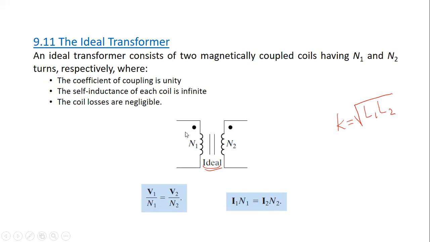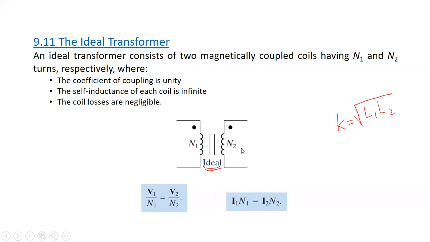N1 is the number of turns of the first coil, N2 is the number of turns of the second coil. And the relationship between the currents in the first and secondary windings will also be given using the number of turns. So if you know the number of turns and you consider an ideal transformer, you can know the relationship between V1 and V2 and I1 and I2.